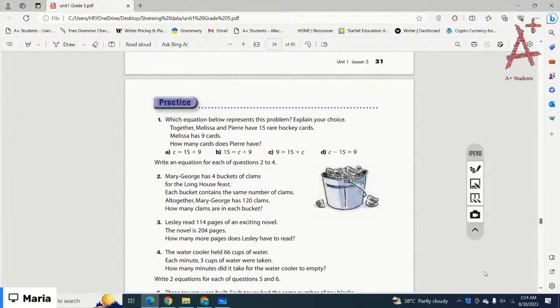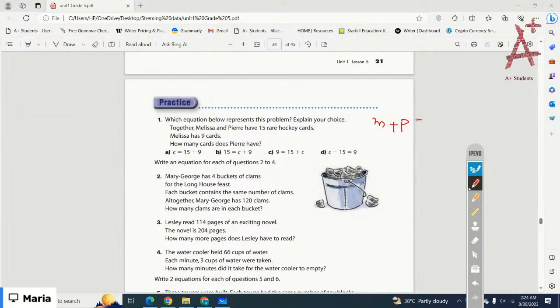For example, Melissa has M and Perry has P. Together they have 15. You don't know what the numbers are. These M and P are the variables. But you are given that Melissa has 9 cards. Replace M with 9. It would be 9 plus P equals 15. So this is the equation that represents how many cards Perry has, right?